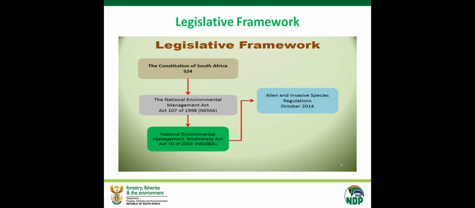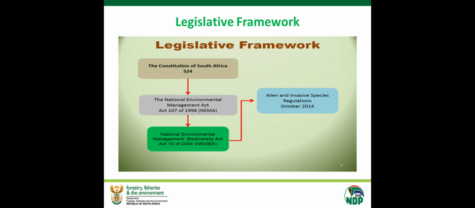From NEMBA, the Biodiversity Act, we also have regulations which have been formulated in order to give effect to the Biodiversity Act. So we have the Threatened or Protected Species regulation. We've got BABS, Bioprospecting, Access and Benefit Sharing.